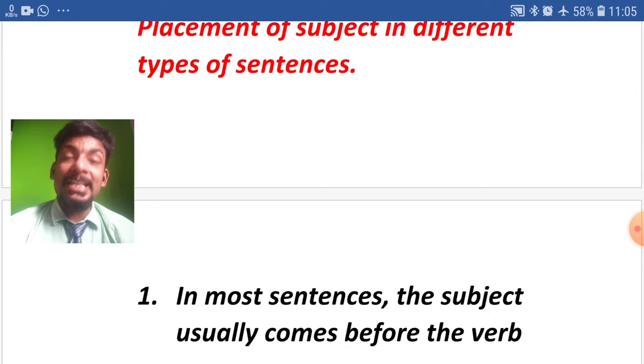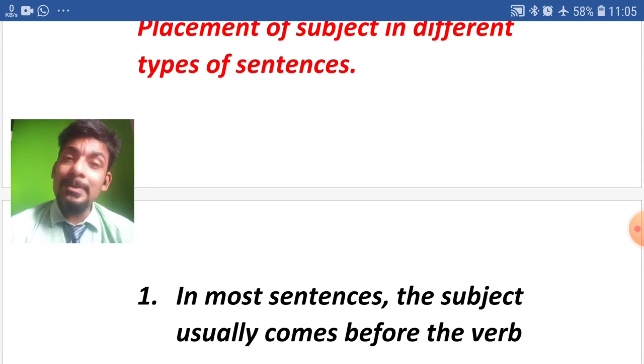Okay, before proceeding further, let's have a quick recap of what we studied in the last class. In part 2 of this chapter, I taught you where to place different subjects in different types of sentence.